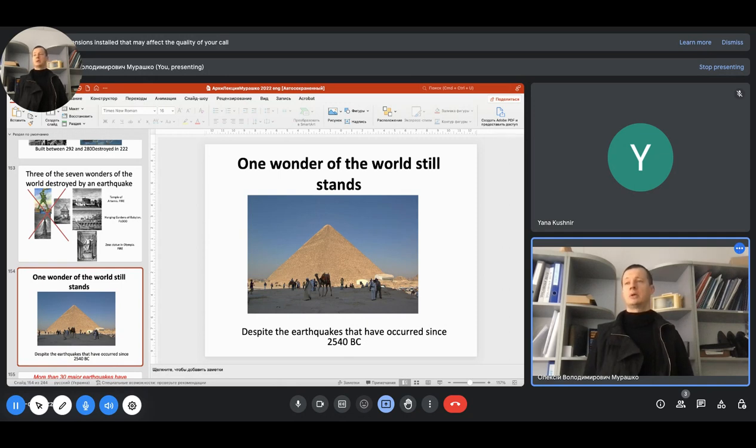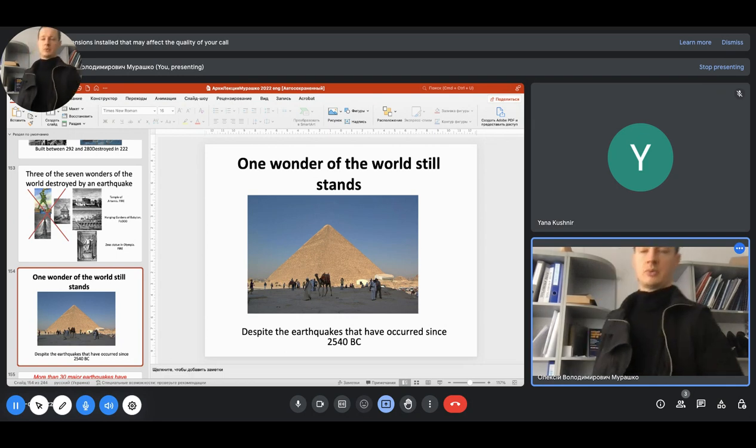But when we talk about big height and little connection with the ground, with little foundation, only the Egypt pyramid, with its big height, also has a huge foundation which protects it from destruction by earthquake.